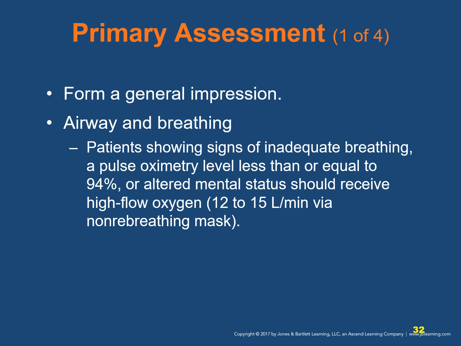Assess the patient's airway and breathing. If the patient is showing signs of inadequate breathing, a pulse oximetry level less than or equal to 94%, or an altered mental status, they should receive high-flow oxygen, which is 12 to 15 liters per minute, via non-rebreathing mask.